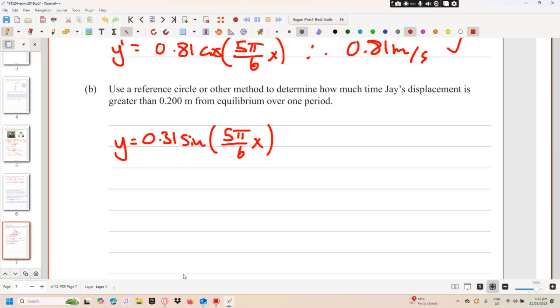This looks something along the lines of, I'm going to look at this formula. Okay, so I'm going to graph this in my calculator: sine 5 pi on 6 x. And also going to put this into radians.